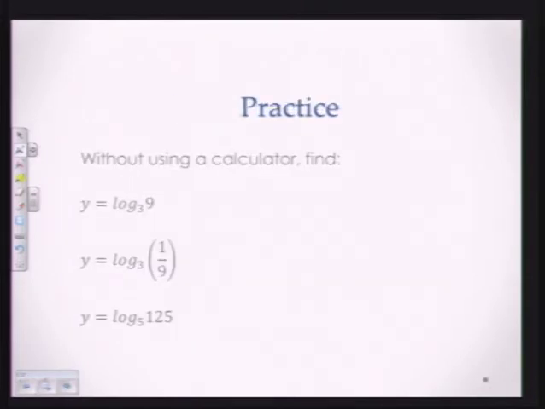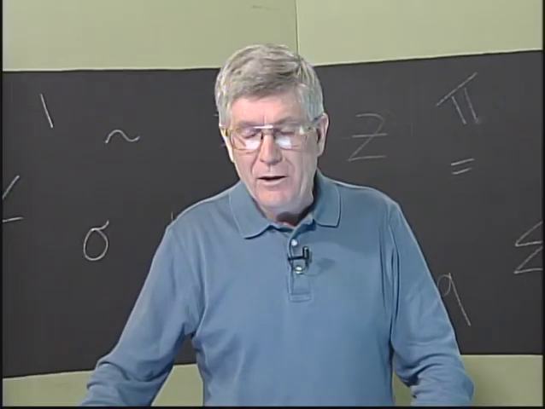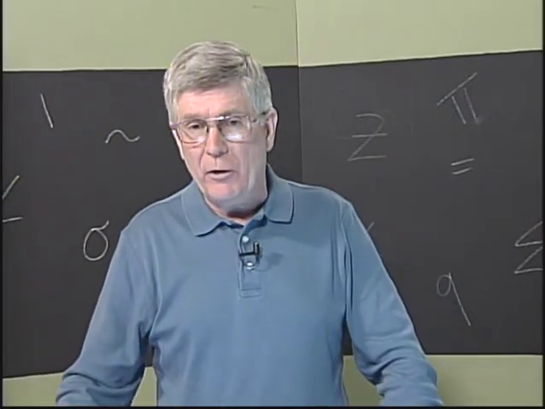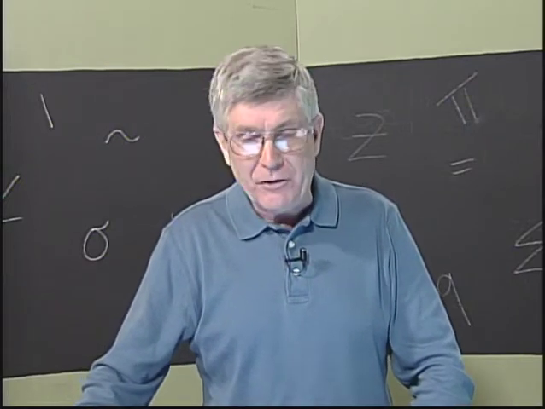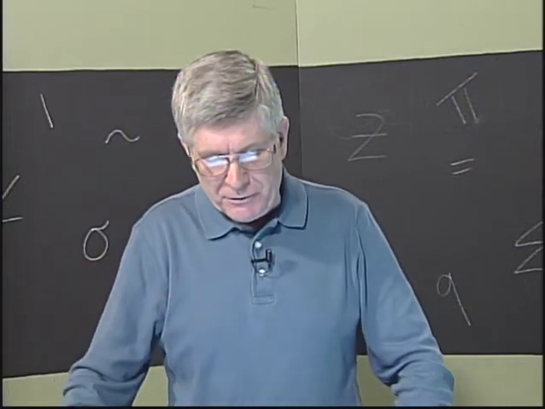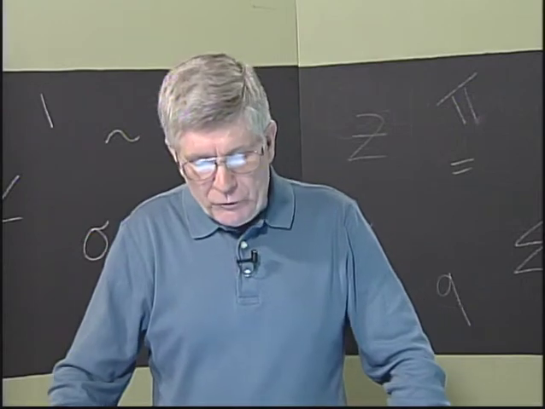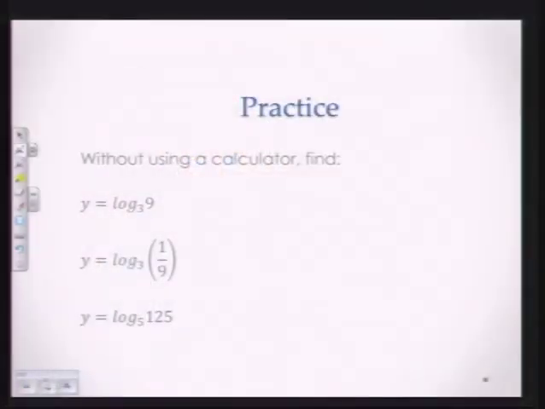Now let's try practicing some of these without using a calculator, because frankly we do not have a log base 3 or a log base 5 on our calculators. We're going to be looking at how to solve that problem in a few minutes. But y equals the log base 3 of 9.